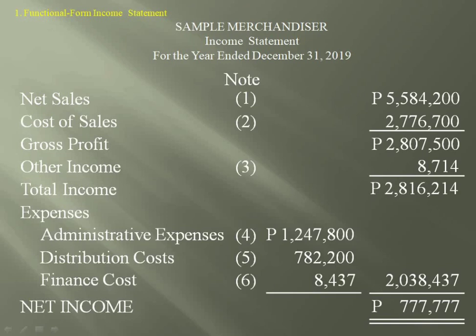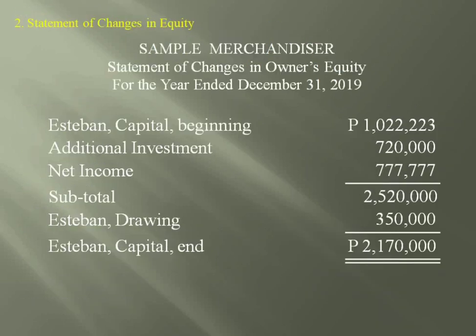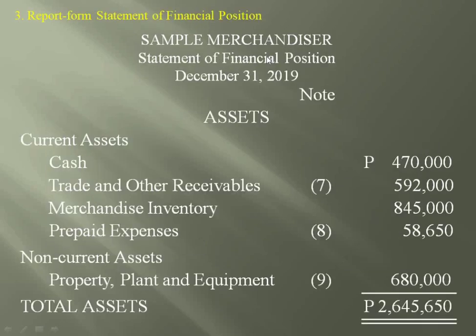And once more, please memorize this functional form income statement, just like how you were asked before to memorize this statement of changes in equity, and advised to be very familiar with the statement of financial position.